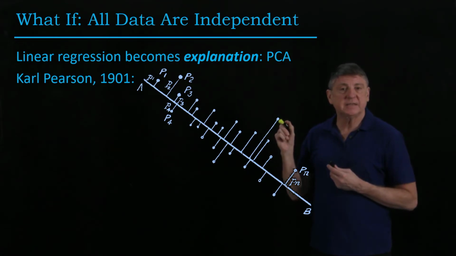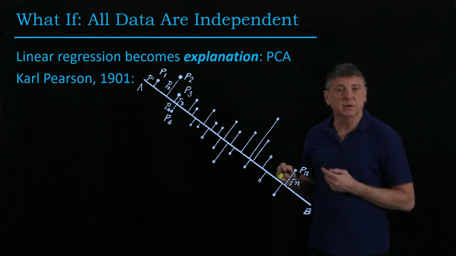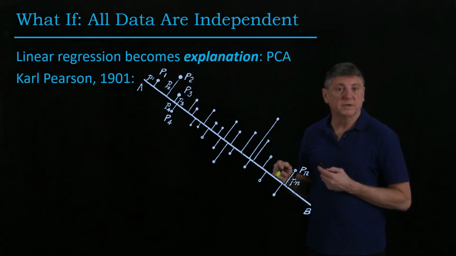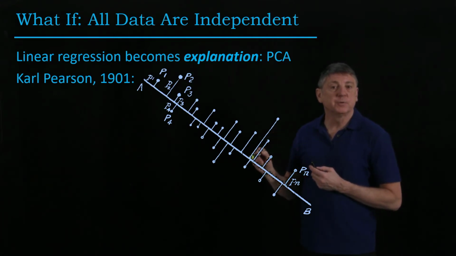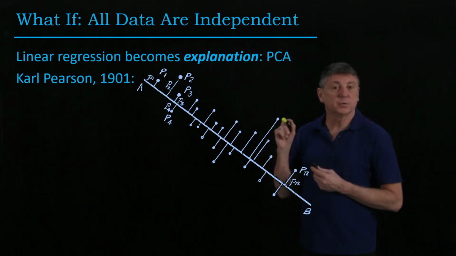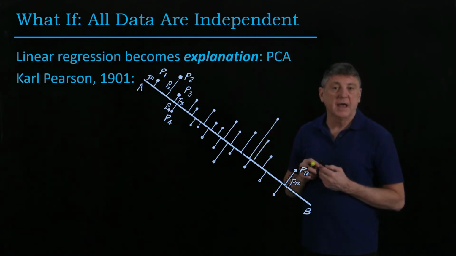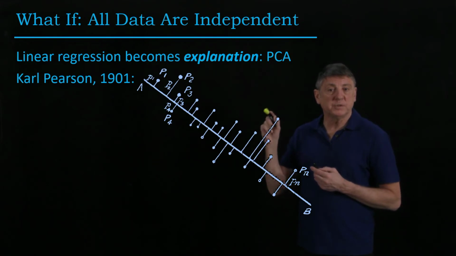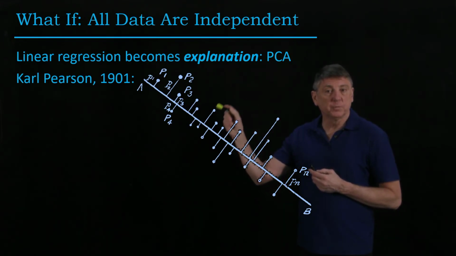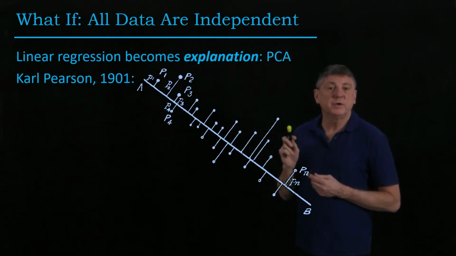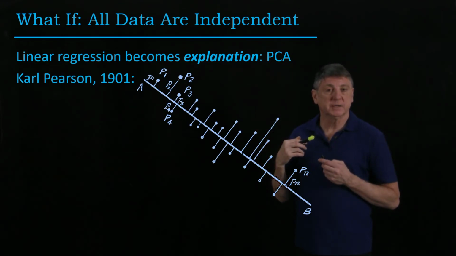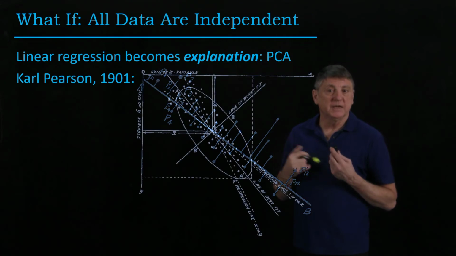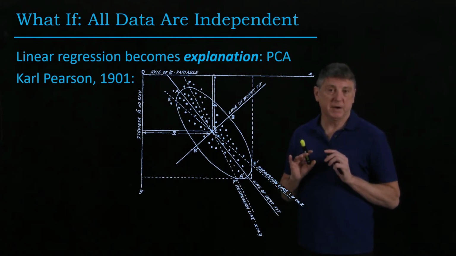In that case, instead of having the vertical error, which is the error that we want in a regression, he's saying, what can we do for the orthogonal error, which is orthogonal linear regression? And he proposes that we could perform these measurements and we could have an explanation which is not the same as linear regression.